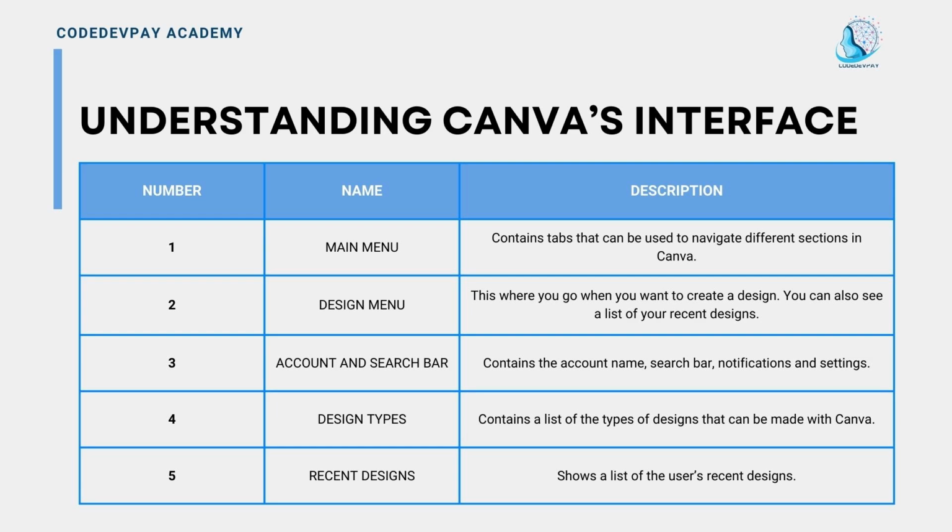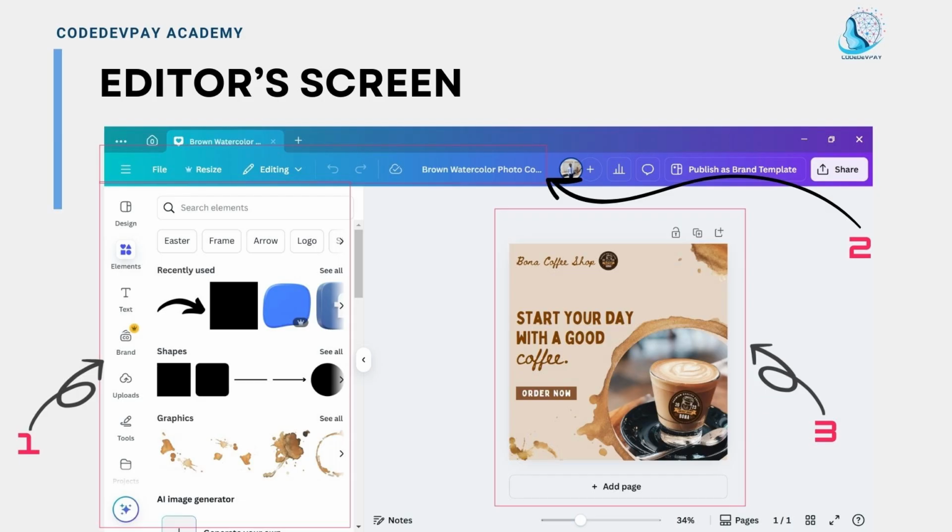Now, displayed on my screen here is the editor screen. Okay, so at my far left hand side is number 1. That's the side panel. It contains the elements, the photos, the project, etc. On top of it is number 2.